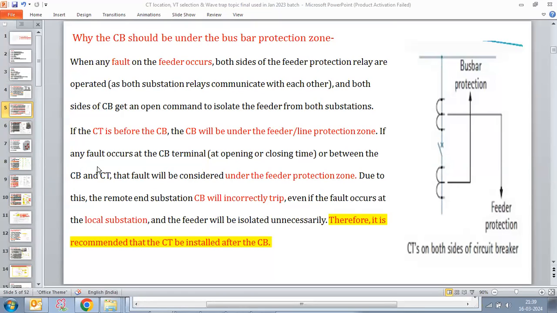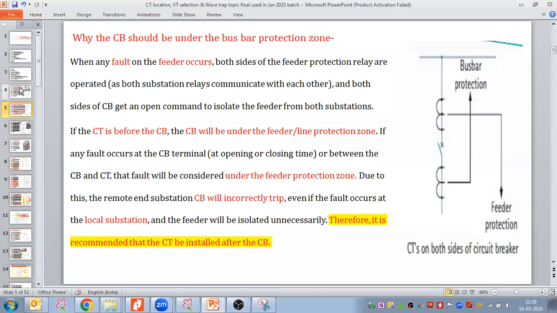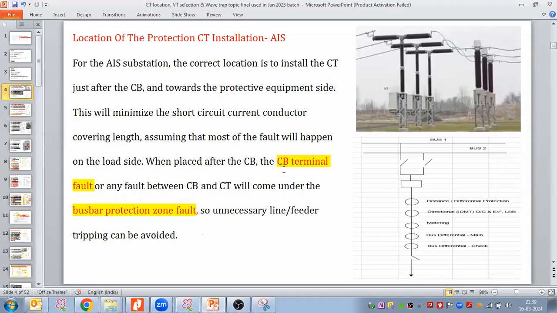So when any fault occurs on the feeders, why should the breaker be under the bus bar protection zone?